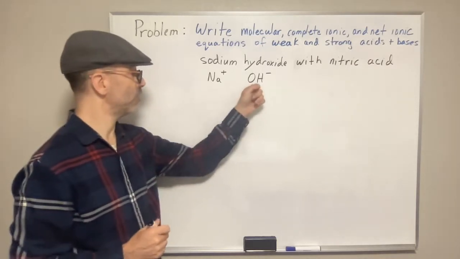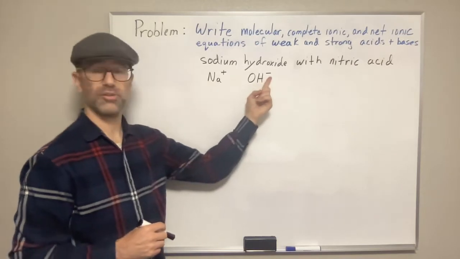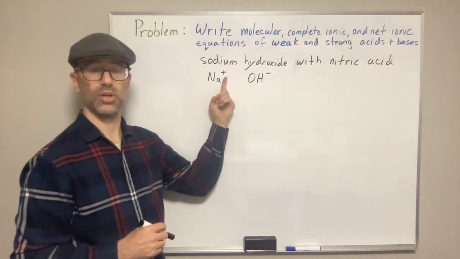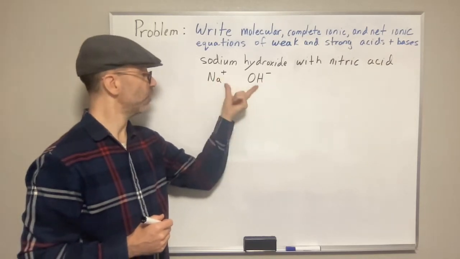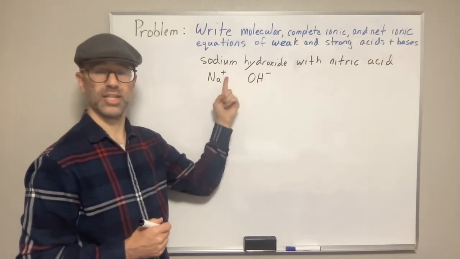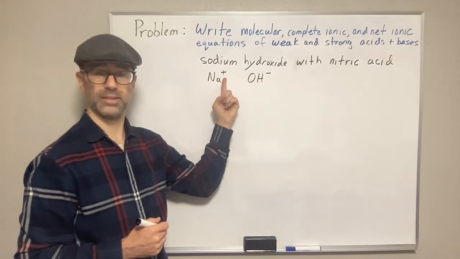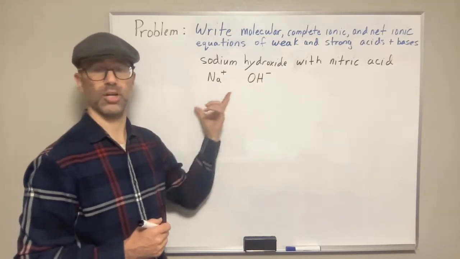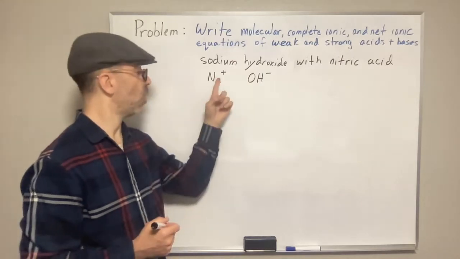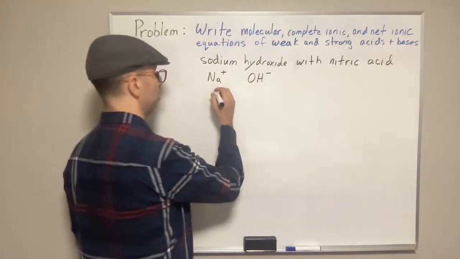So here we have hydroxide and sodium. Hydroxide has a -1 charge, the sodium has a +1 charge. And since when you're making your formula, you need to make sure that the charges are balanced, and here we have a +1 and -1, all you need is one of each to make your formula.